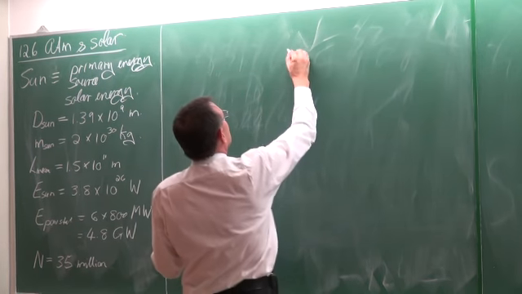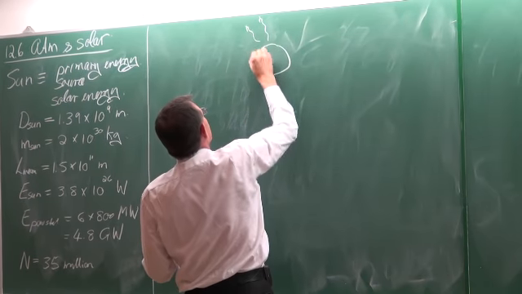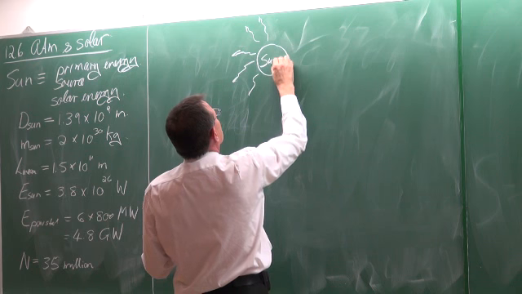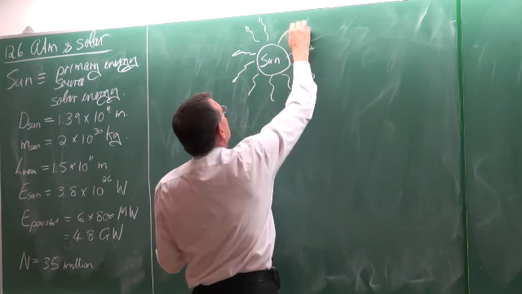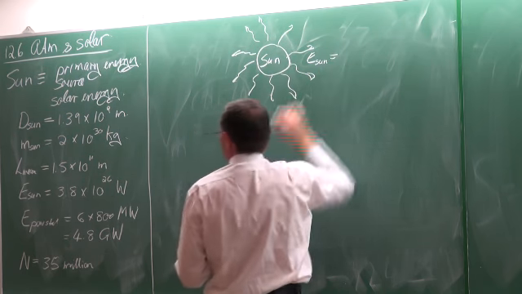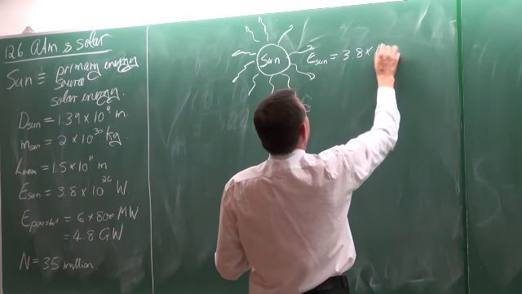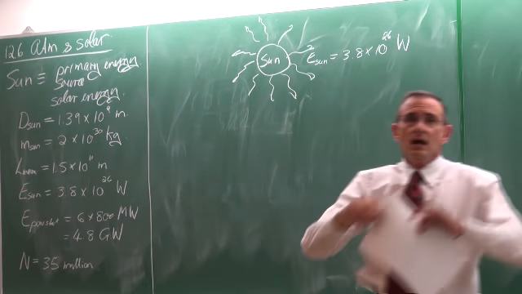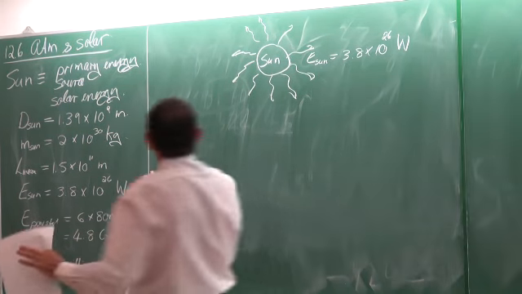Right, now, if this is the sun with all its radiation, it is emitting, as we've said, 3.8 multiplied by 10 to the 26 watts, and it radiates it in all directions.